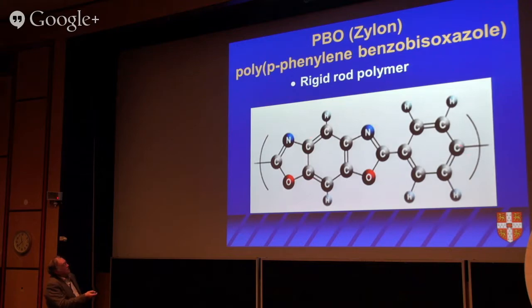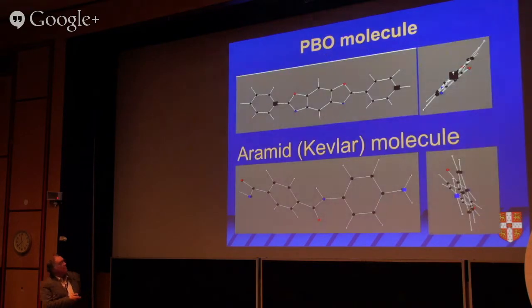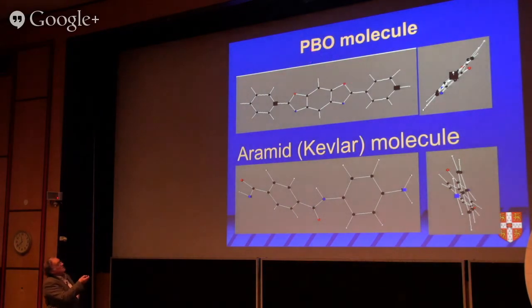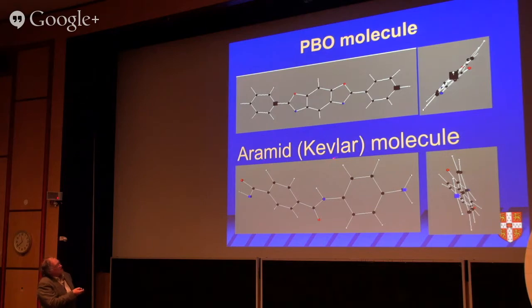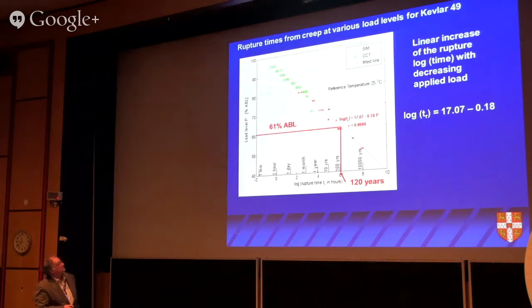So this is the molecule. That link there is almost directly in line with that link there. So this is PBO. This is an aramid. There are several different versions of aramids, but Kevlar is one of them. And you can see that the PBO is more highly aligned than the Kevlar. Kevlar's pretty good, but PBO is better.